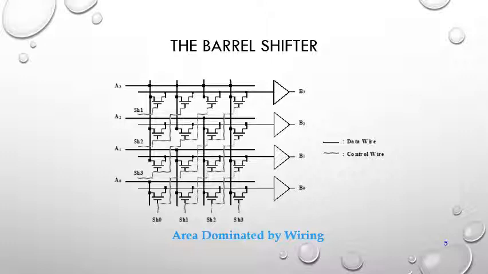Each control wire is connected together to bit 1, bit 2, bit 3 and so on. We have the connection to each and every line. The data wires give the data to each and every connecting wire, which access each line. This is the barrel shifter.